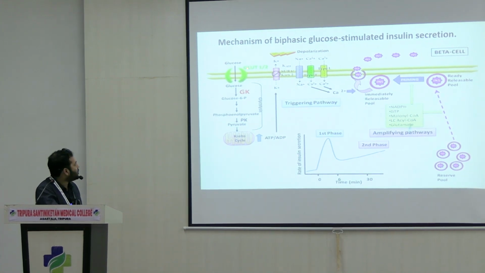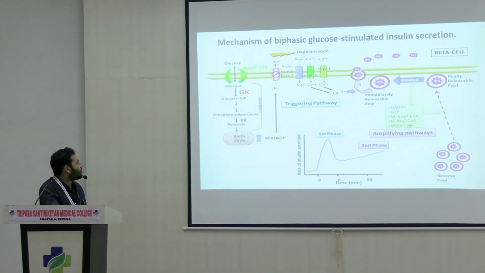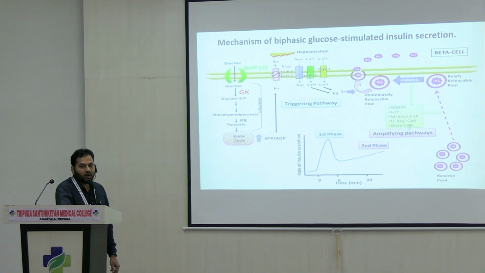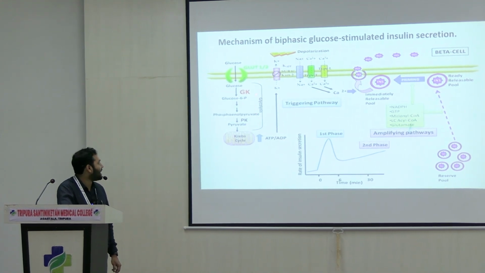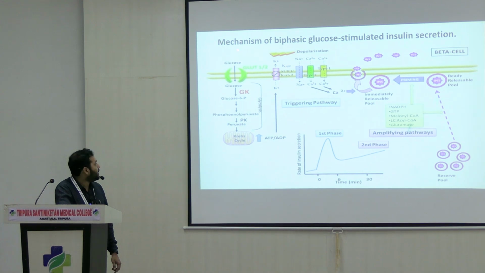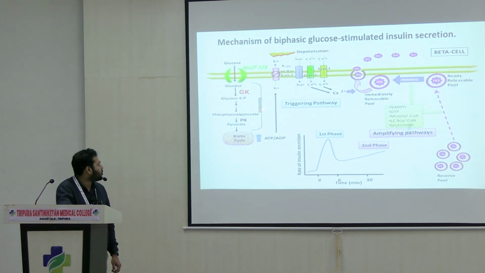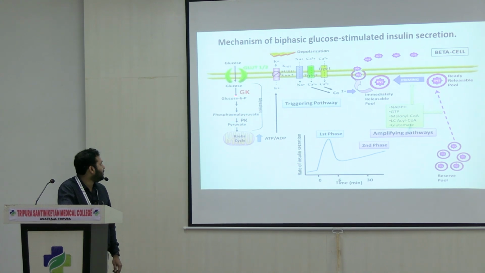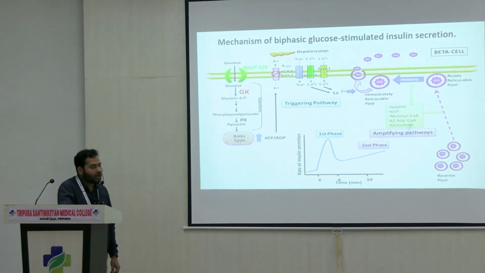Once the glucose enters the cell cytoplasm, it undergoes a metabolic event called glycolysis, right? When it enters the beta cells, it undergoes the glycolytic events and ultimately leads to the formation of ATP, because it not only completes the glycolytic events, it also undergoes the Krebs cycle and cellular respiration.